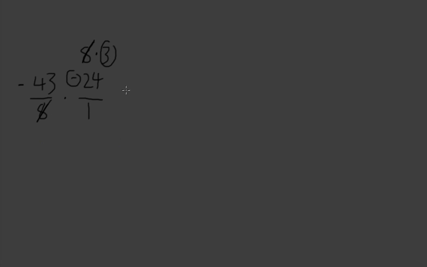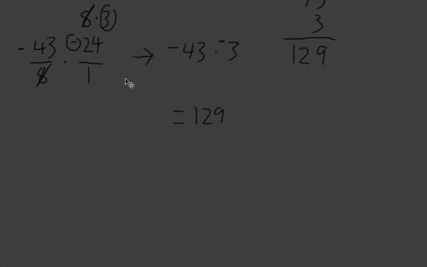So this can be rewritten as negative 43 times 3, and let's figure that out. Okay, now it's negative 3, by the way, sorry. So 3 times 3 is 9, and 3 times 4 is 12. So it's going to be a positive 129 because two negatives make a positive, so the answer to this is 129. Alright, let's move this up and out of the way.